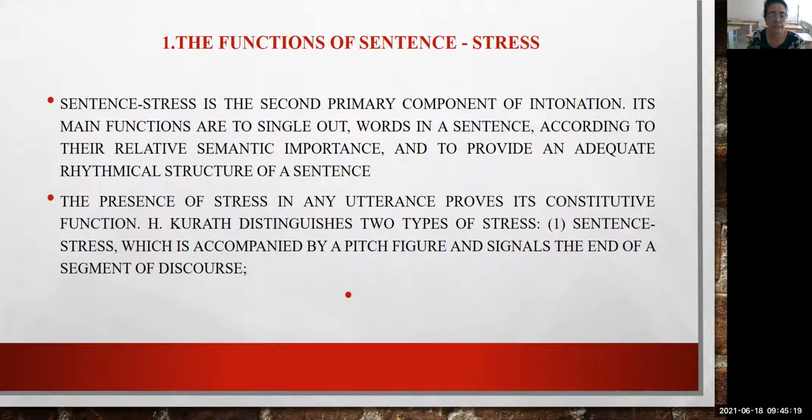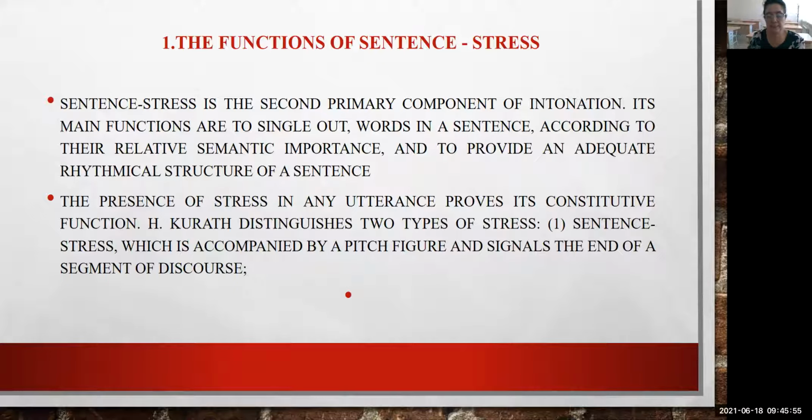Its main functions are to single out words in a sentence according to the relative semantic importance and to provide an adequate rhythmical structure of a sentence. The presence of stress in any utterance proves its constitutive function.